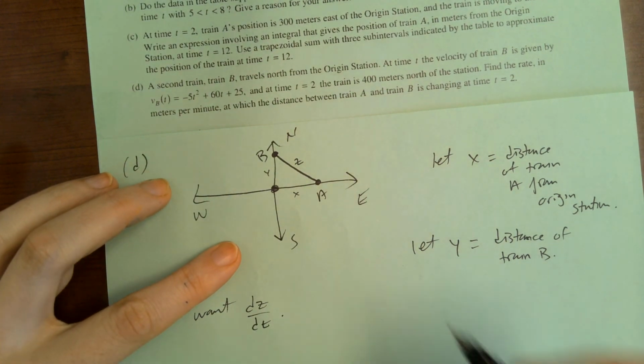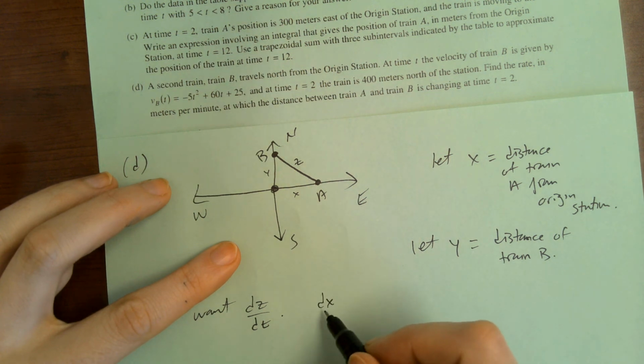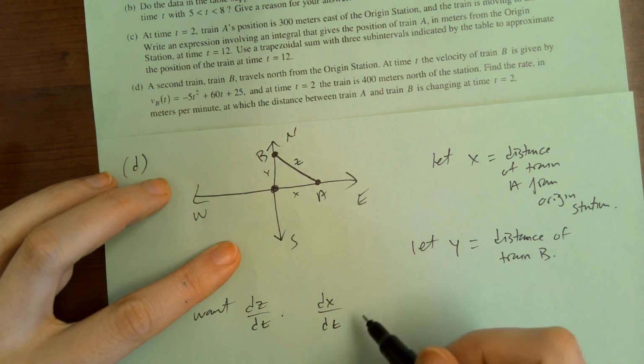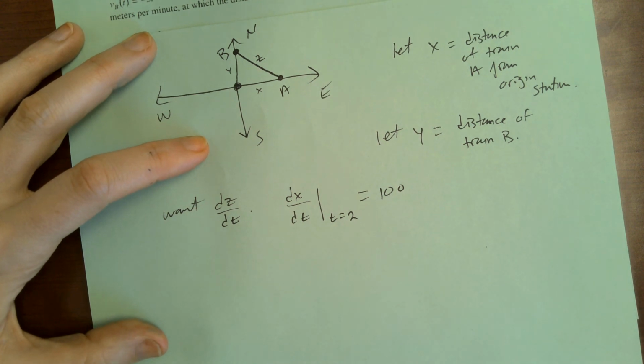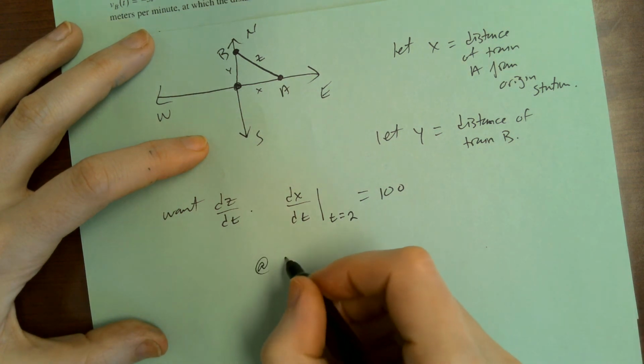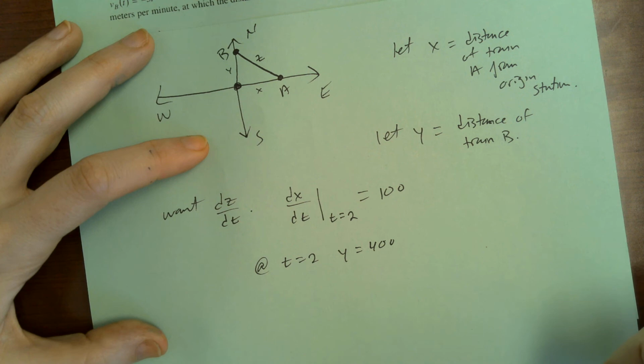We know dx/dt at t equals 2. We actually know that from this. We know it's 100. What else do we know? At time t equals 2, the train is 400 meters north of the station, so y is 400.